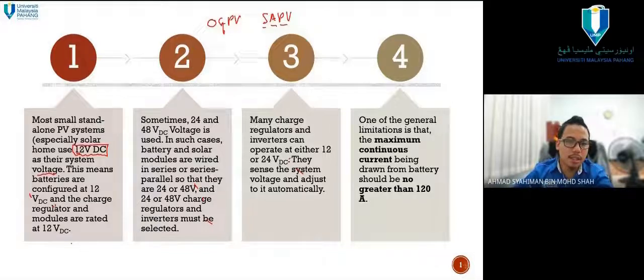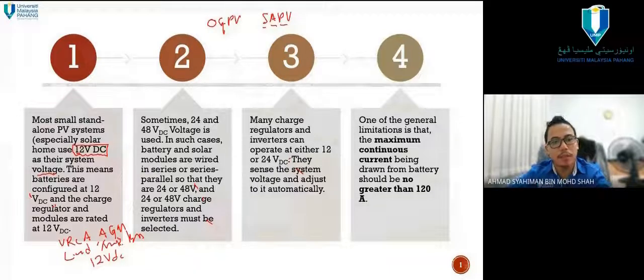Valve regulated lead acid, VRLA, AGM, all the lead acid batteries. The nominal is basically 12 volt. It's not exactly 12, it's 12 point something. After you charge it will rise up to 14.7, 14.8 or 15 something. But the rated nominal value is 12 volt. So all the system will be based on a 12 volt DC system.